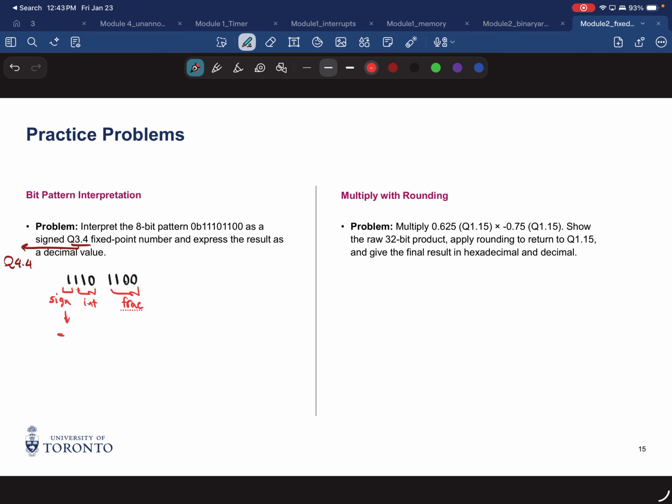So I need to look at all of this. Let's look at it for a second all as integer, and then find out what the equivalent decimal value is. Since it's negative, I have to find the 2's complement, right? So I need to flip all of this, say 1, 0, 0, 1, 0, 0, 1, 1, right?